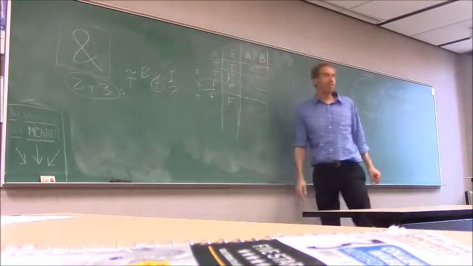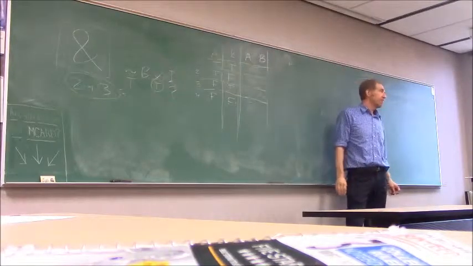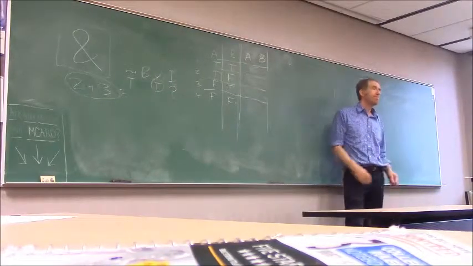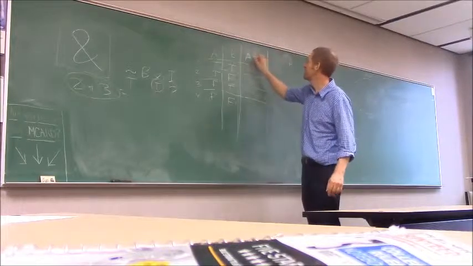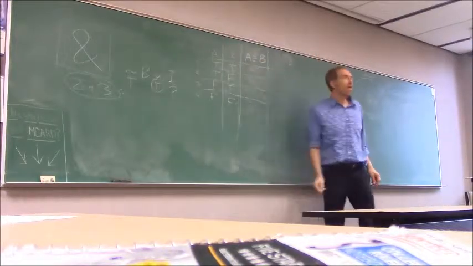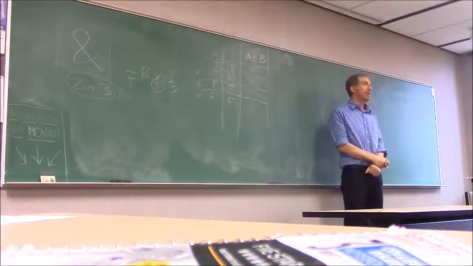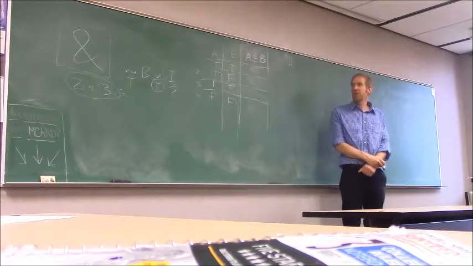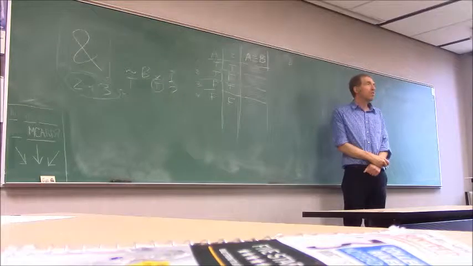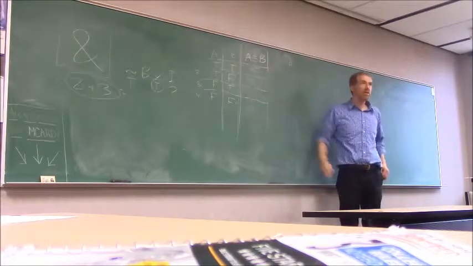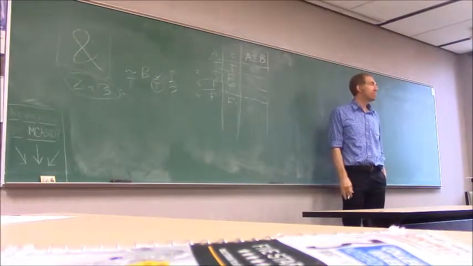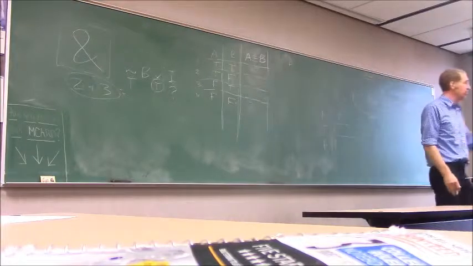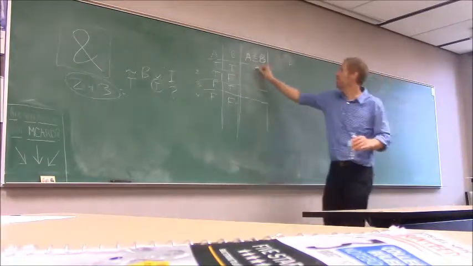What is the one logical symbol we haven't done yet? If and only if, the biconditional. Yes. This one's easy. Think of it like an equal sign. If you think of it like an equal sign, what should I write under it? True. True.